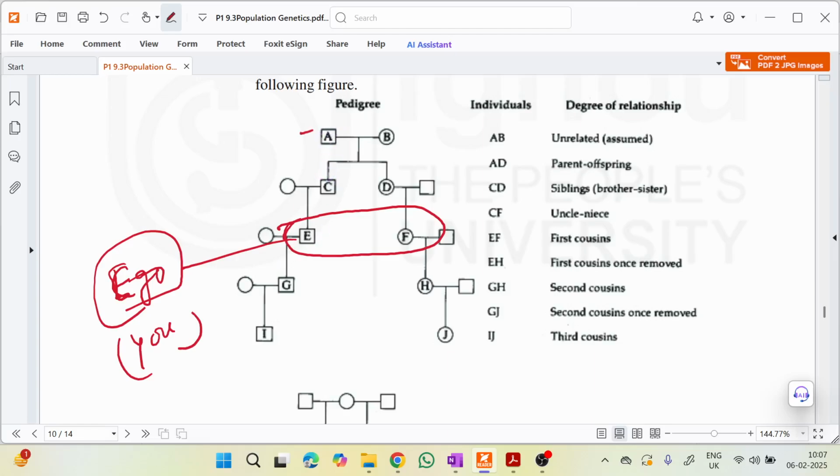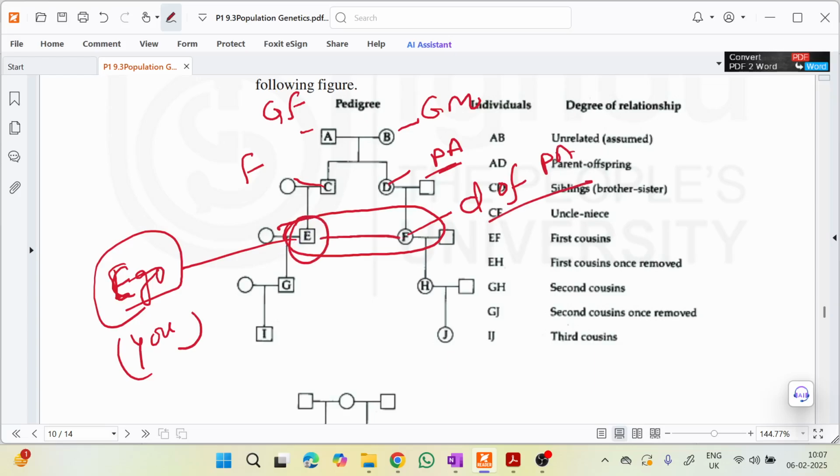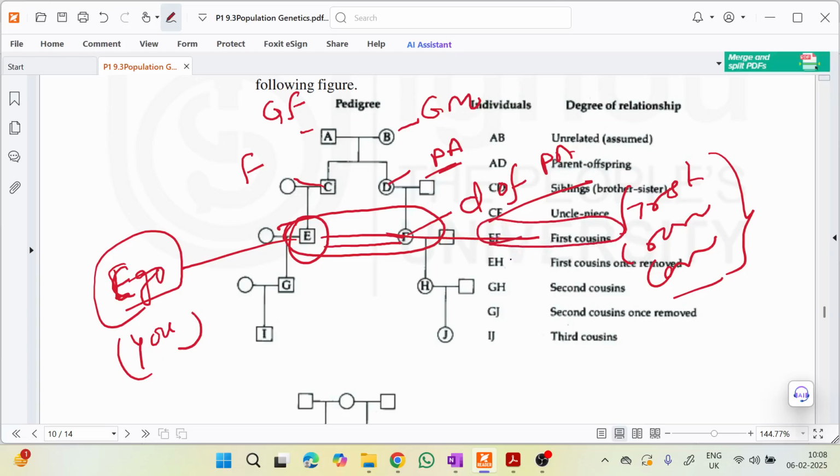Then your grandfather, your grandmother, your father, your paternal aunt. Then this is the daughter of your paternal aunt. This is you. The marriage between you and the daughter of your paternal aunt, Bua ki ladki, will be known as first cross cousin, or in short, it can be taken as first cousins.